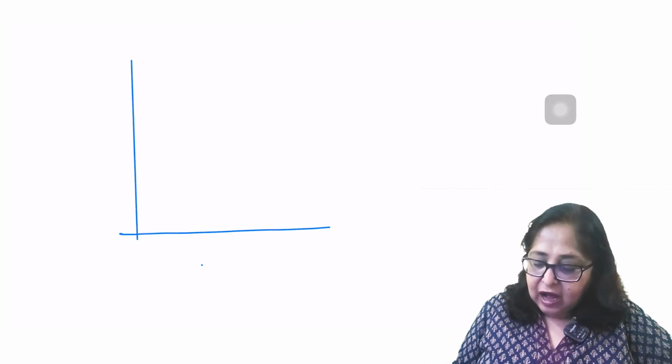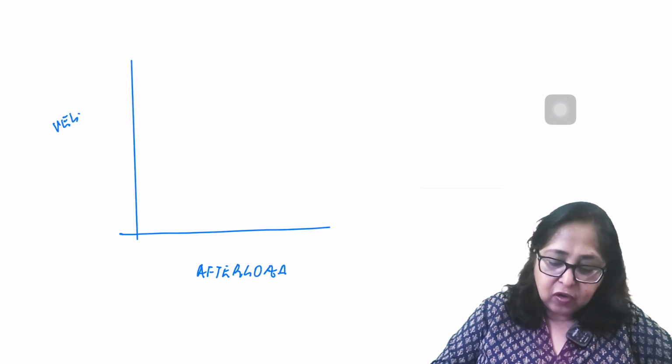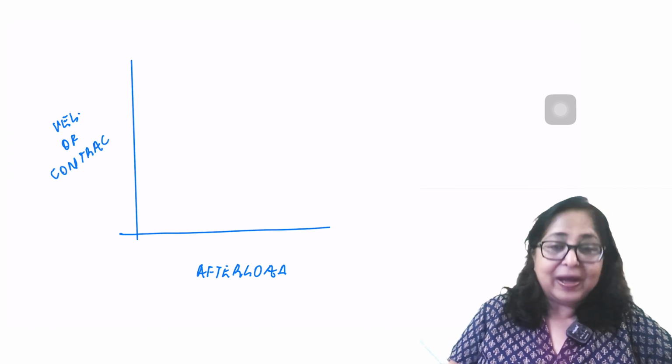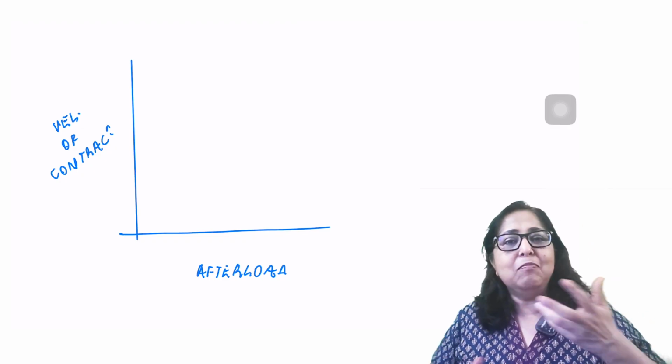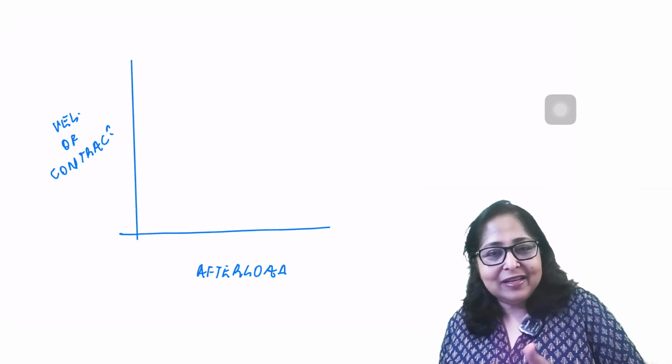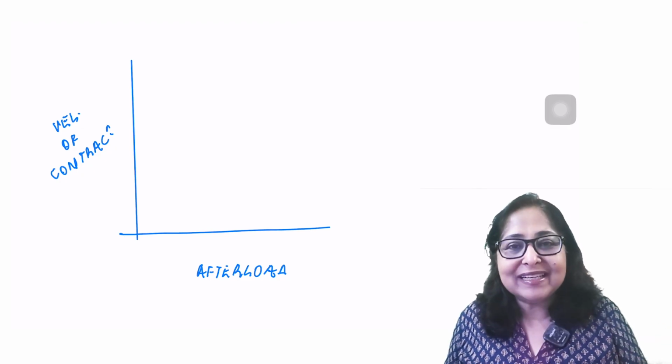So if I take afterload on the x-axis and the velocity of contraction on the y-axis, now it makes a lot of sense that more the afterload, less will be the velocity of contraction. Isn't it?